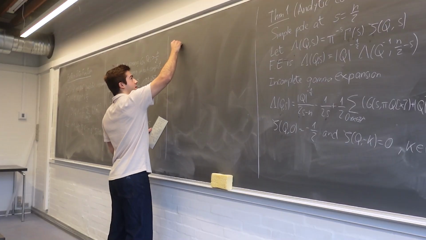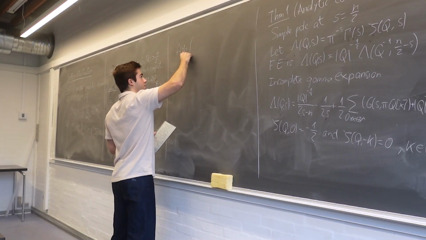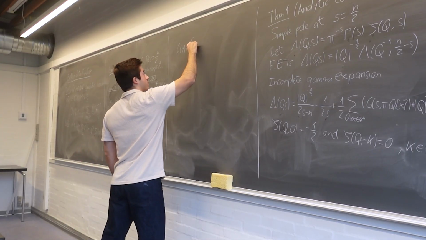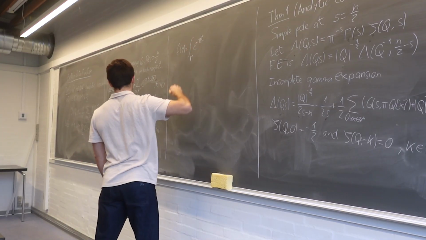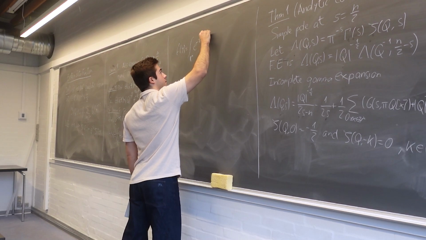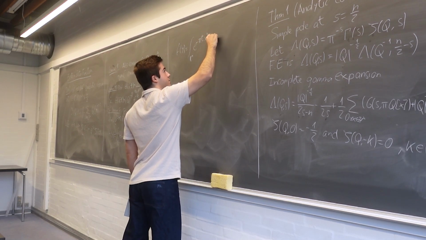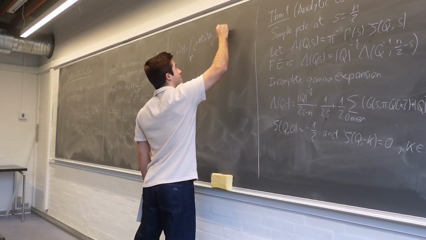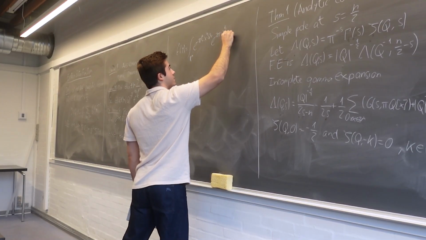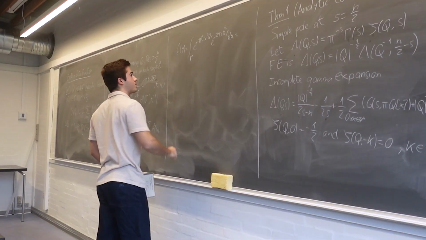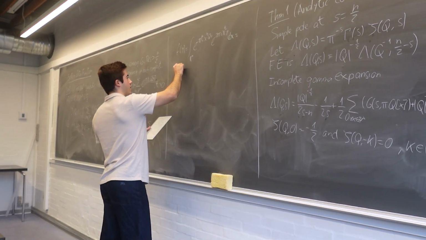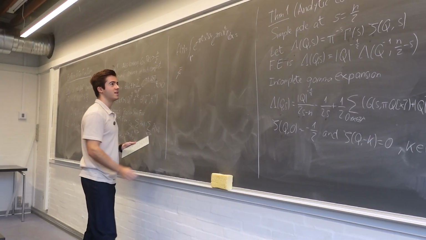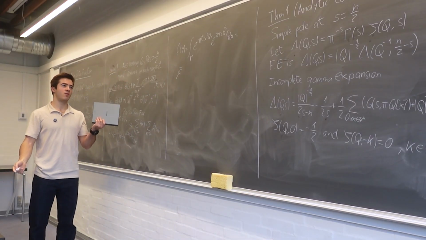So f hat is just replacing f with our function, the integral of e to the minus pi t Q(x) e to the minus 2 pi y x transpose dx. Okay, here I'm going to cheat a bit. This is actually a known result.